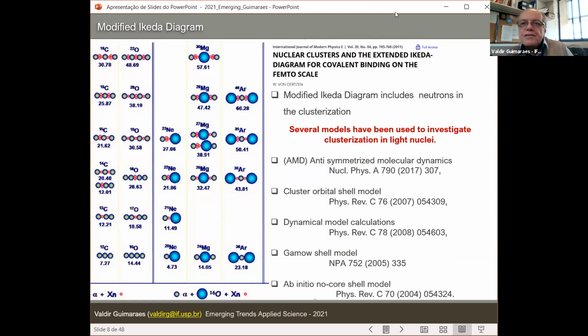I have been working on this kind of experiment, trying to improve the knowledge of the states: the spins, parity, energy, and if possible, the decay width of these levels for several nuclei close to mass 20 and 30, some radioactive, some stable. I was just seeing a talk here about carbon 12 plus carbon 12.